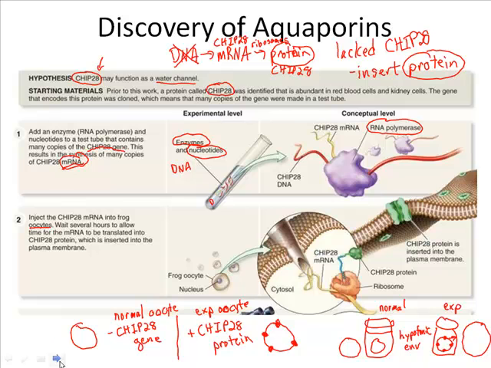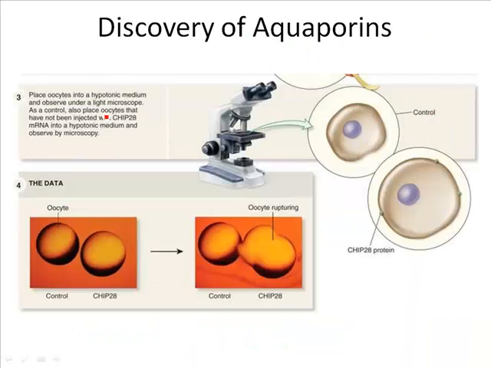Well, did the experimenters see that? What they did is they put, as we talked about, the oocytes into a hypotonic medium. Okay? They had their control group that did not have CHIP28. They then looked at the cells and the shapes of the cells under a microscope. And what they saw is exactly what we would expect. Here's what the cells look like before treatment. We can see that each cell has a characteristic volume that's quite similar.